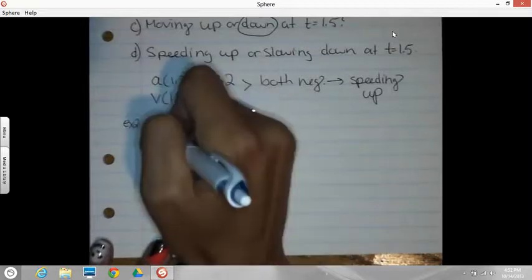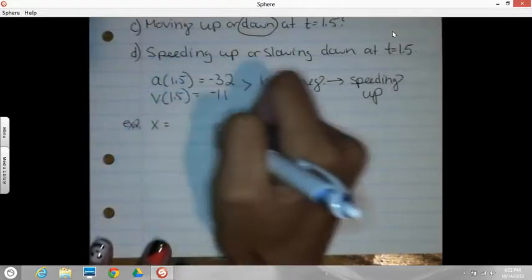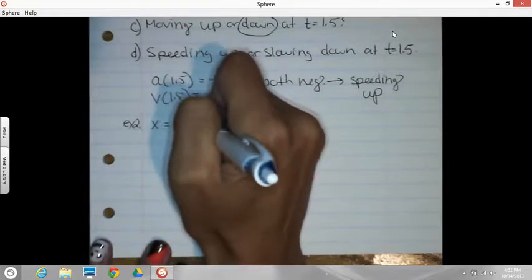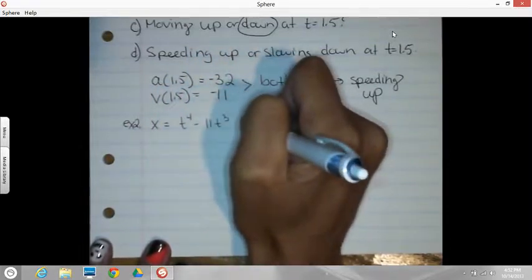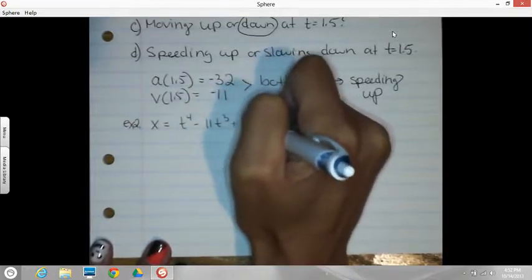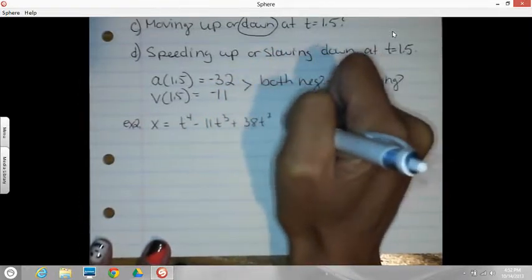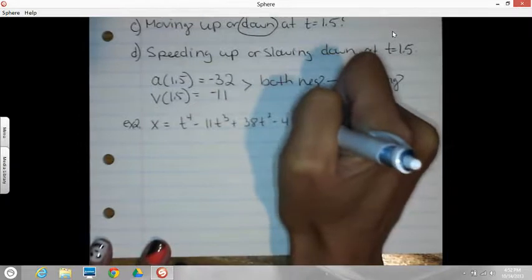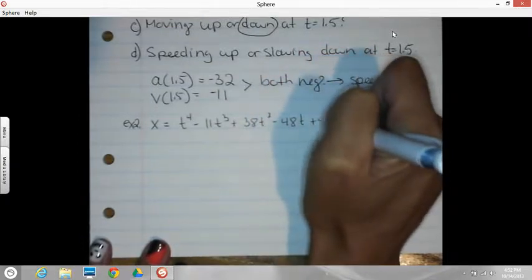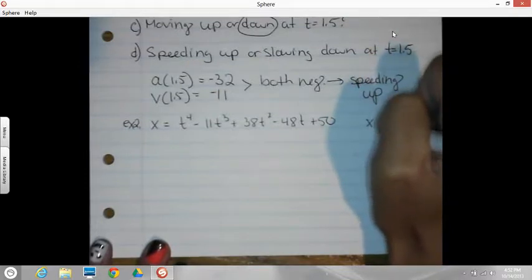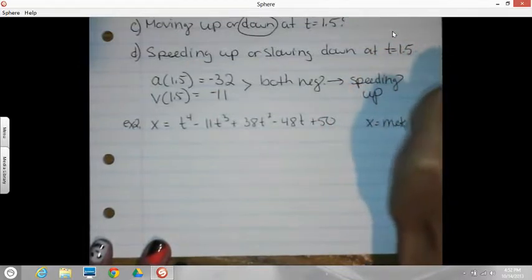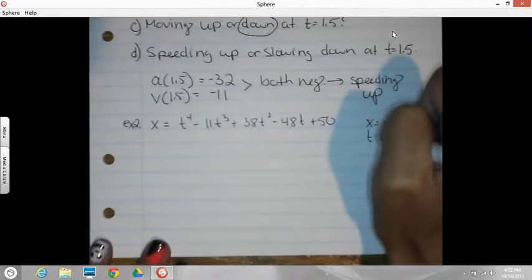The displacement is given by t to the fourth minus 11t cubed plus 38t squared minus 48t plus 50, where x is in meters and t is in minutes.